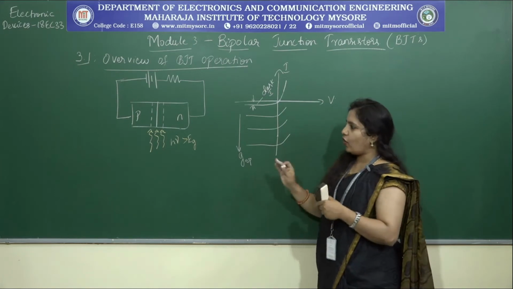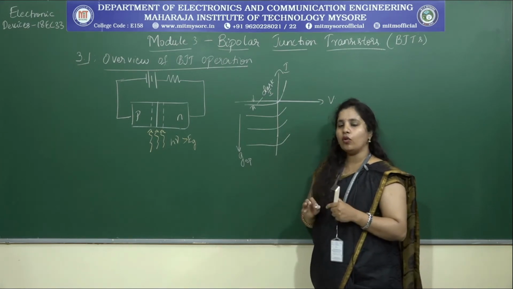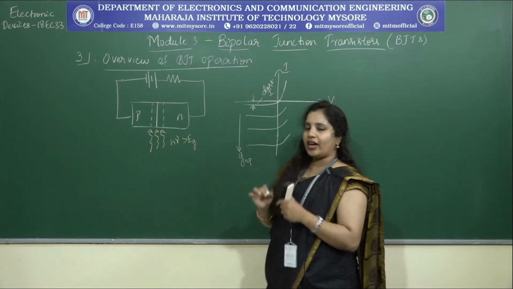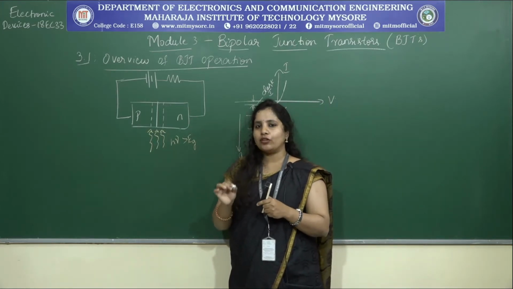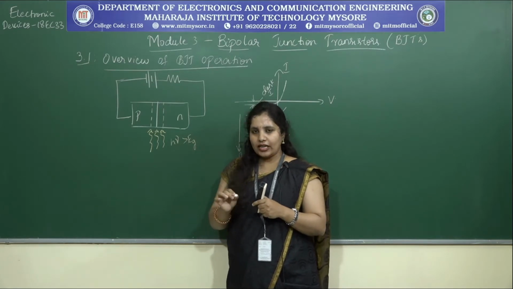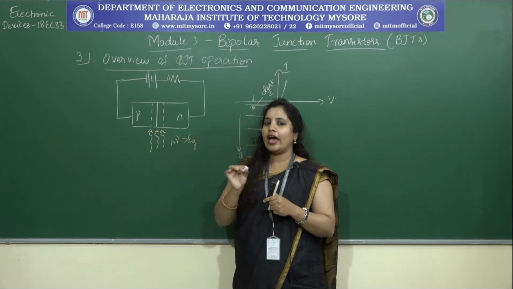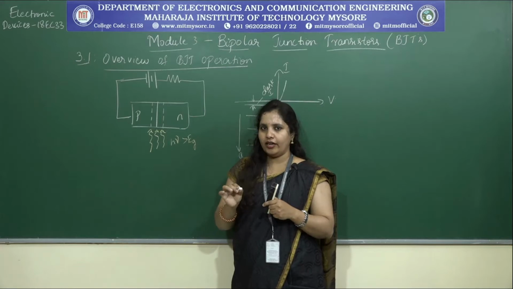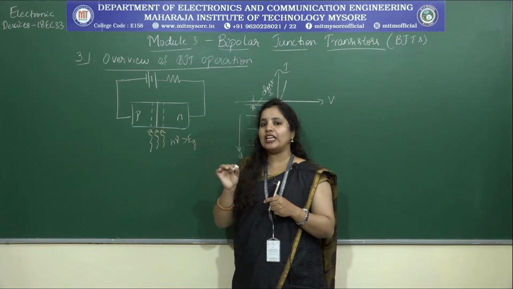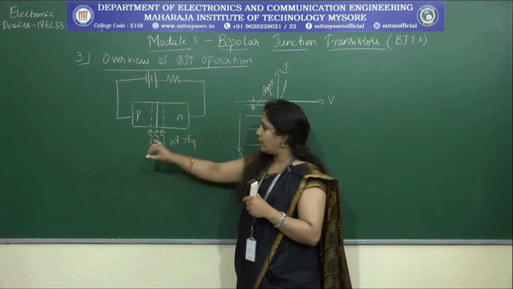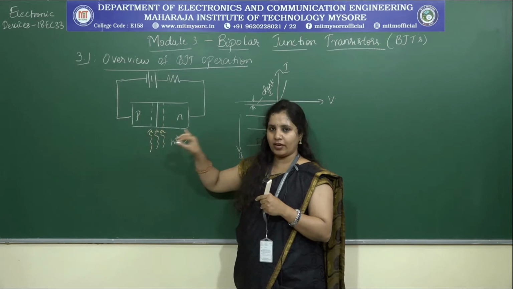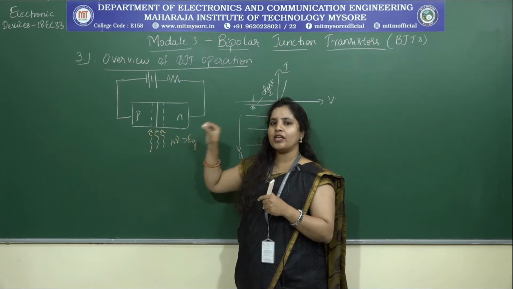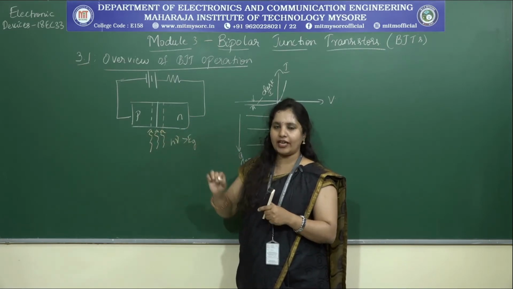Now, why am I saying all these factors? This gives rise to an important and interesting question: can I find an alternative method to inject the minority carriers? Because of the incidence of light, we are trying to generate the EHP pairs, right? What are those EHPs? These are nothing but the minority carriers.